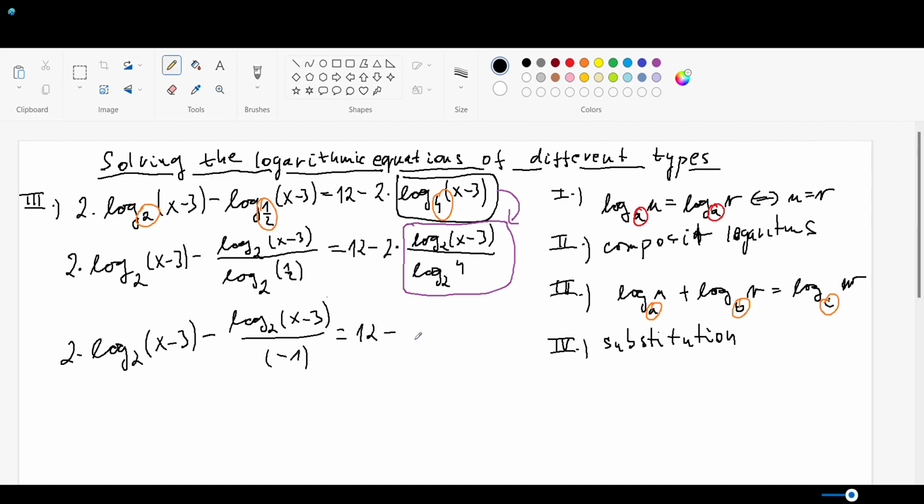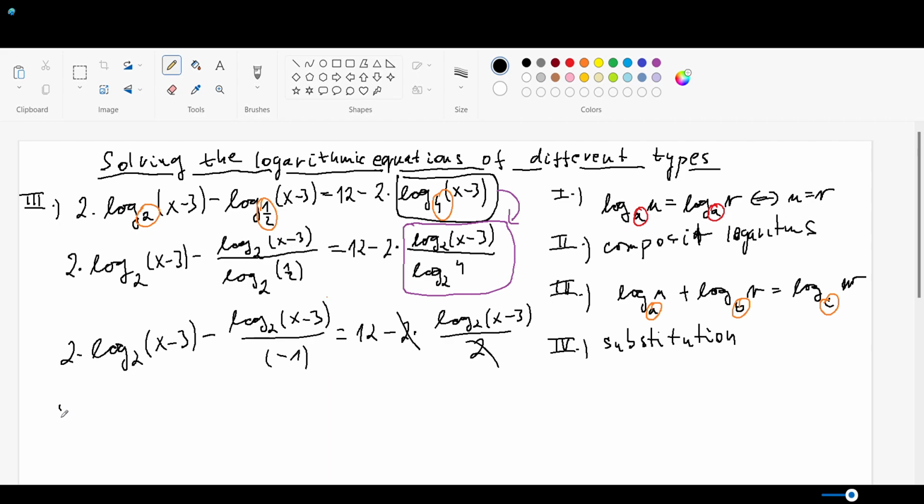Minus 12 minus, okay, 2 times log base 2 of x minus 3, there is nothing to be done there, and 2 to the power of what is equal to 4? 2 to the power of 2 is equal to 4. Now, as you can see, these 2's will cancel each other, and this -1 is gonna change this sign to the +1.